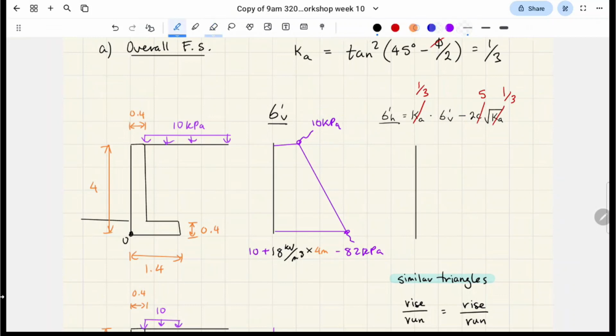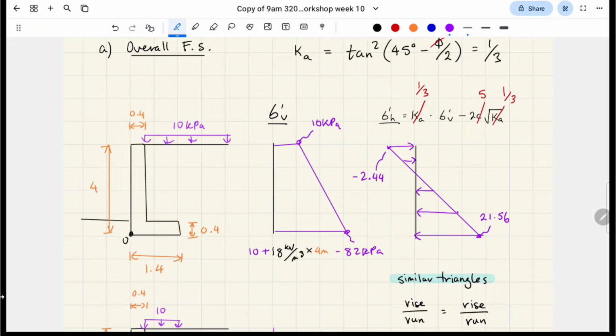And then our stress distribution is going to look like this, because we subtracted some amount, right? This value here is negative 2.44, and here we're going to get 21.56.